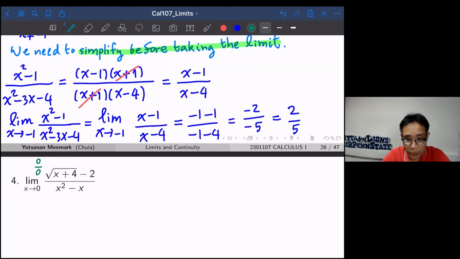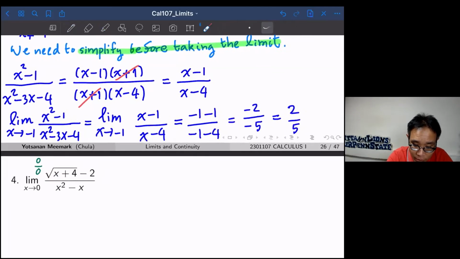You need to simplify, but here you don't have a quadratic you can factor like before. So you get rid of the square root by another technique instead. When you have square root of a minus b, multiply with square root of a plus b.